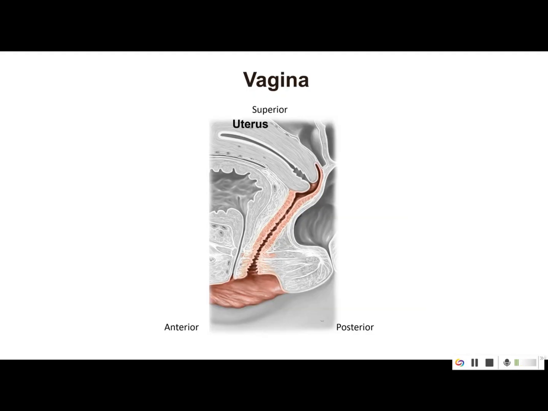The vagina is a fibromuscular canal ranging from 6 to 8 centimeters in length that is directed downwards and forwards. In 80% of women, the long axis of the uterus lies at a right angle to the long axis of the vagina. Because of this oblique nature of the vagina, the anterior wall is slightly shorter than the posterior wall.